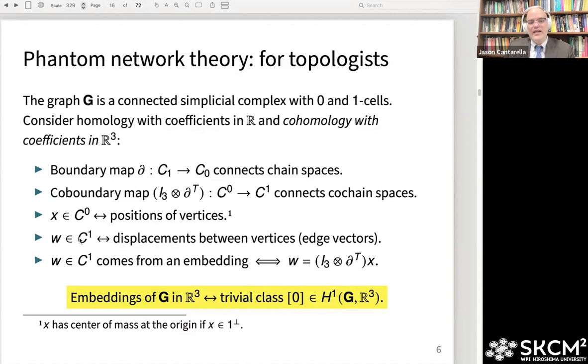A 1 cochain is a map from weights on edges to R3, and that's going to give you vectors associated to each edge. These are like the displacements or the directions of those edges in the graph.